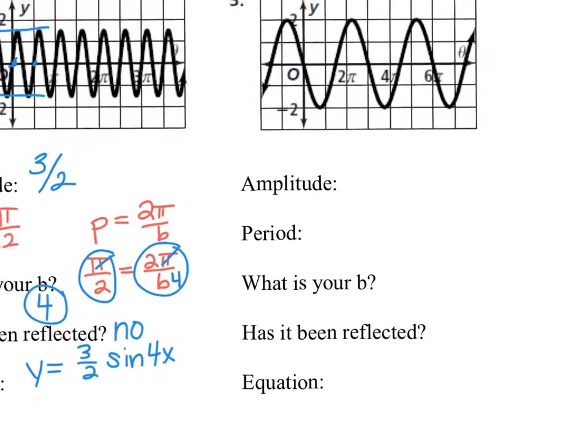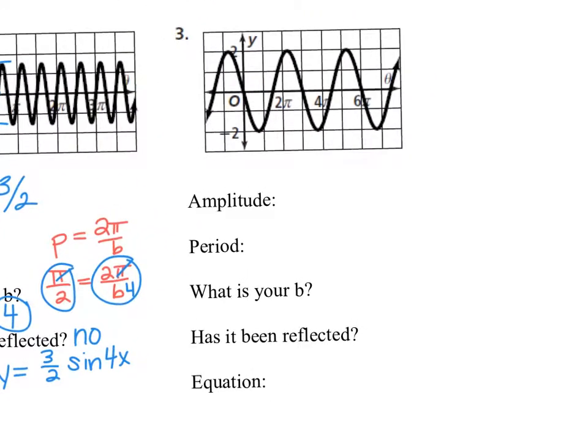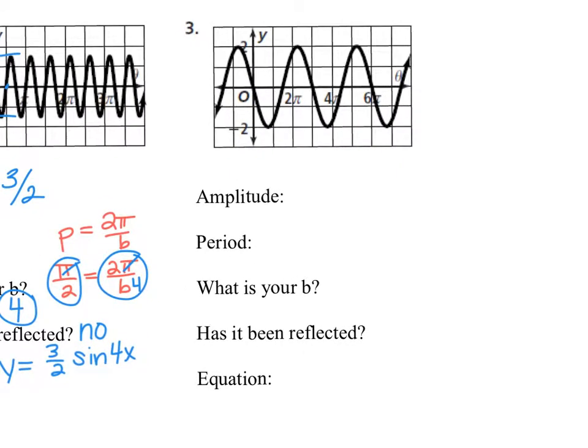Okay, one more over here. The amplitude is going from -2 to 2, so that's 4, so half of that is 2. The period is going from 0 to between 2 pi and 4 pi, which is 3 pi. So the period's 3 pi.